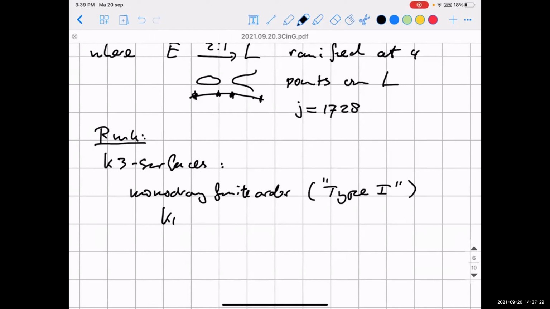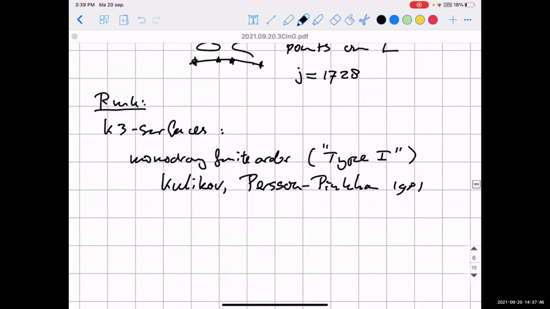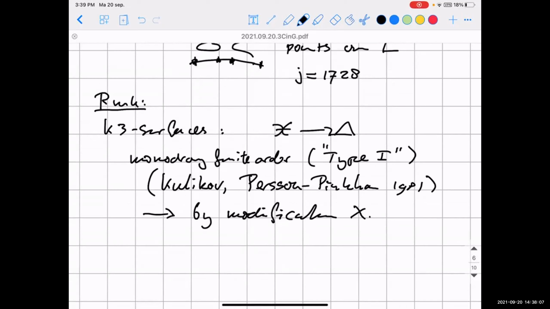Then you have this old work of Kulikov, Persson, and Pinkham, saying that if the monodromy is finite order, then by modification the zero fiber is smooth.